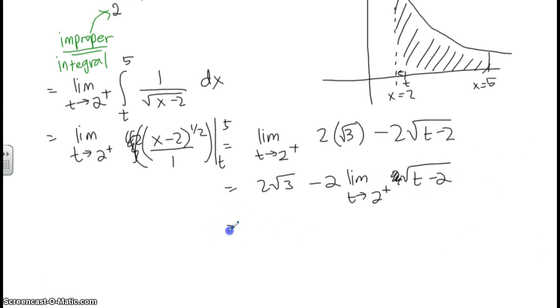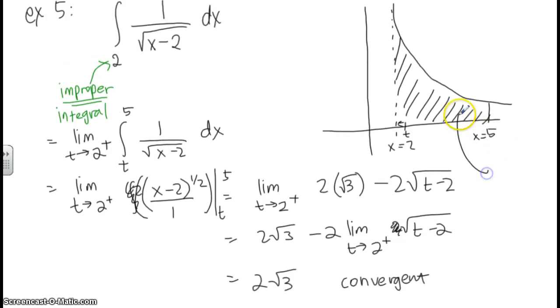There is no domain issue here, so that square root is just going to be 0, so I do get 2 square root of 3. So this is convergent. This area right here will be 2 square root of 3.